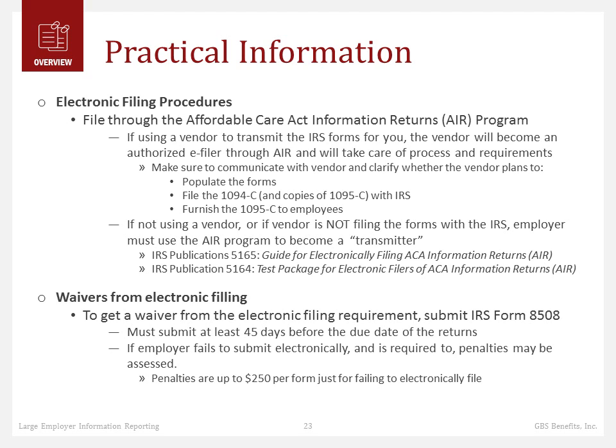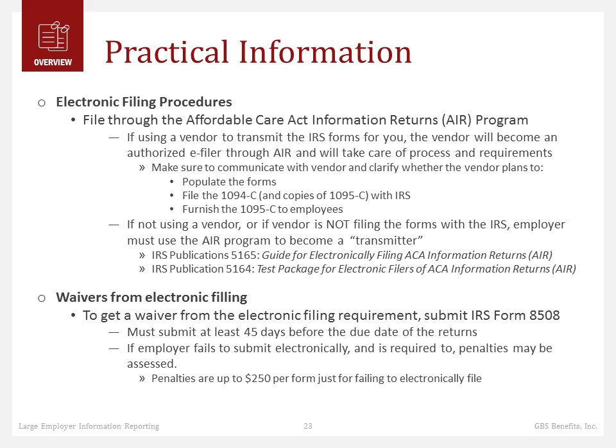The electronic filing procedures can be a bit cumbersome, but you need to be aware of them. You need to file through the IRS system called the AIR program. AIR is an acronym for Affordable Care Act Information Returns Program.